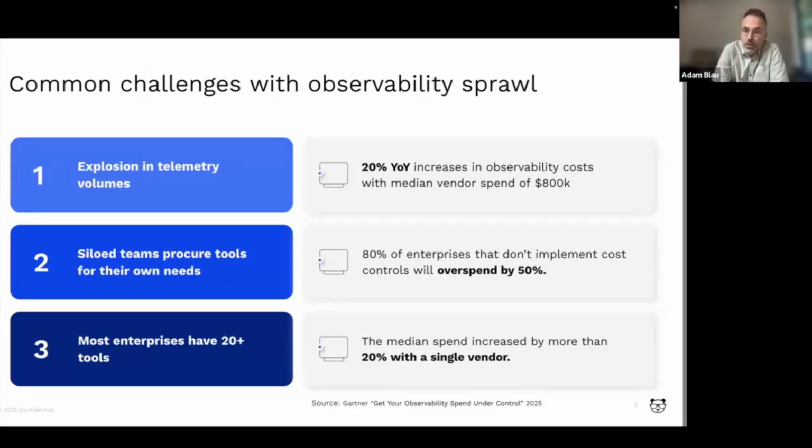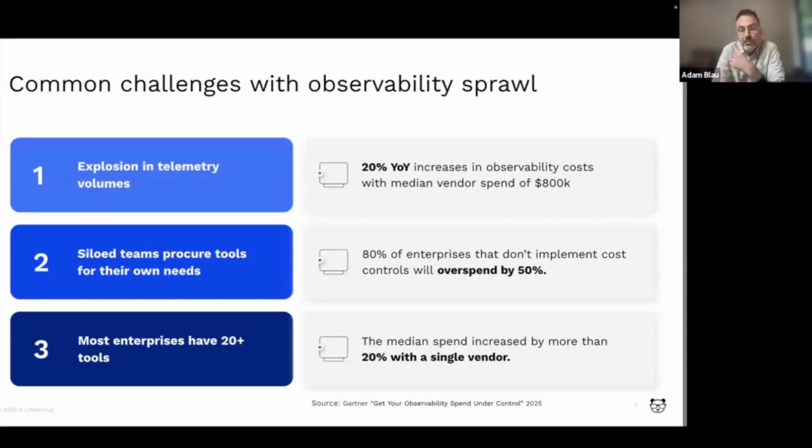And organizations are realizing that if they don't get a plan and a framework for how to control that spend, they're going to be overspending by 50%. So if an organization is spending $40, $50 million or $60 million on this, or even more, that overspend will really impact IT budgets. And we're seeing that median spend with a single vendor is also going up.